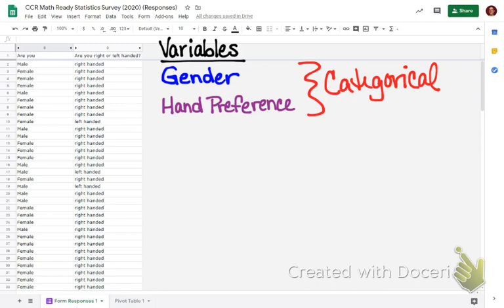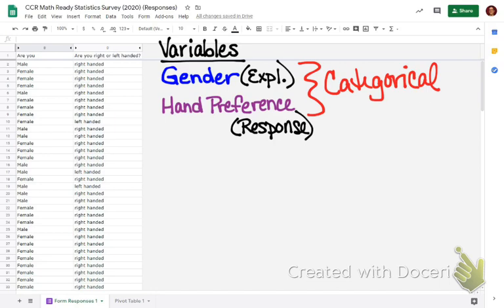My other question before we really dig into things is, which one do you think would be the explanatory variable, and which one do you think would be the response variable? So gender is our explanatory variable, and hand preference is our response variable.